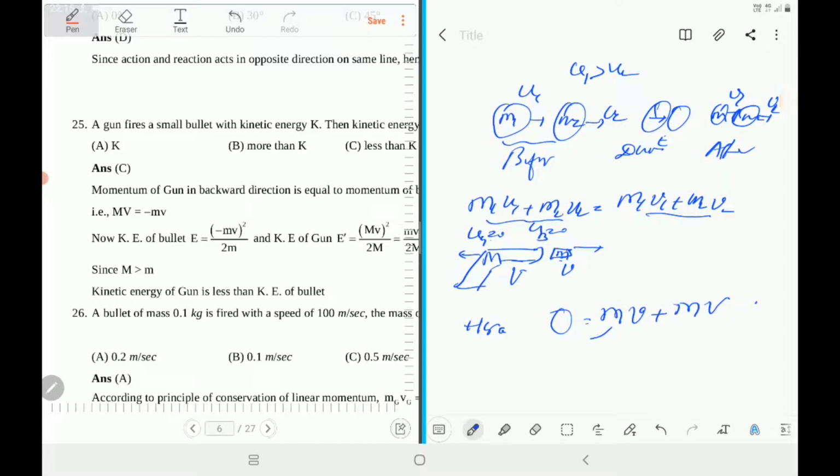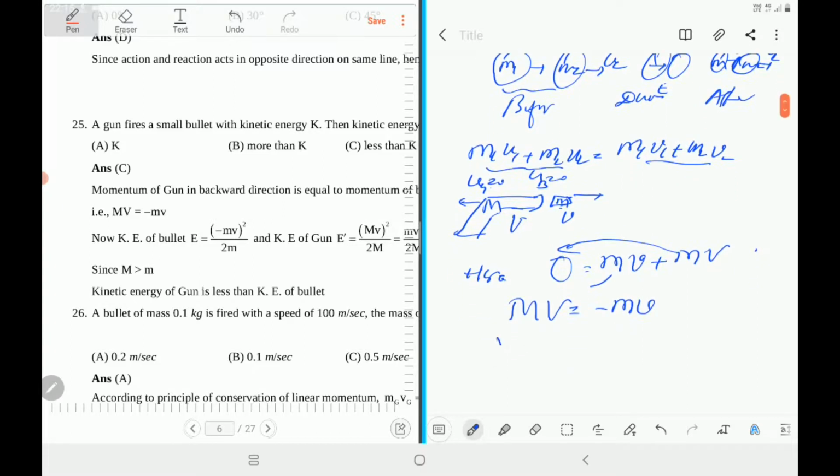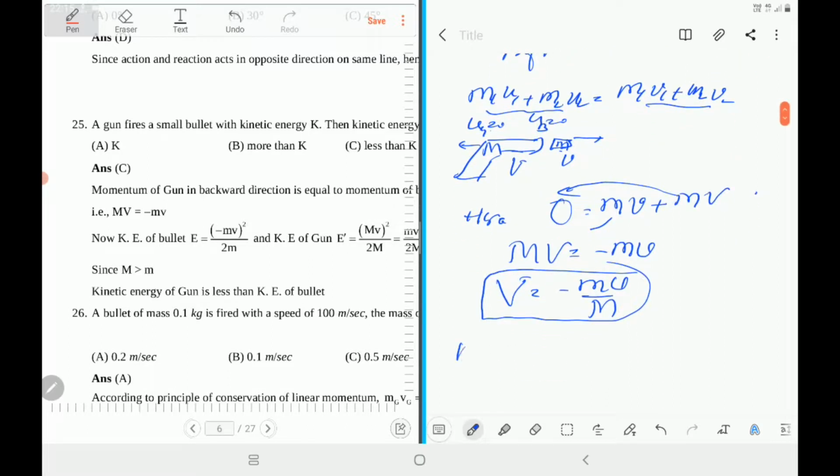If you want the recoil velocity of the gun, capital M capital V equals minus small m small v. There is a minus here, so it is sent to the right. What is the final velocity of the gun? That is small m small v divided by capital M. That is the velocity of the gun. Similarly, for the velocity of the bullet, you just transfer this side.